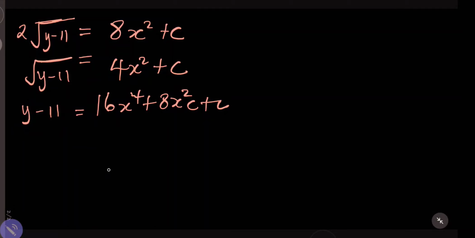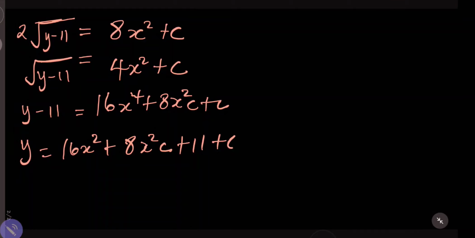At this point it means y would be 16x raised to power 4 plus 8x squared c plus c squared, and when this moves over here, plus 11.